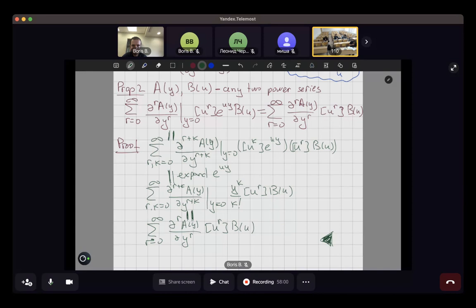Хорошо, ну и последнее, значит, это proposition 5. Действительно, как это все связано с тем, что нам нужно.